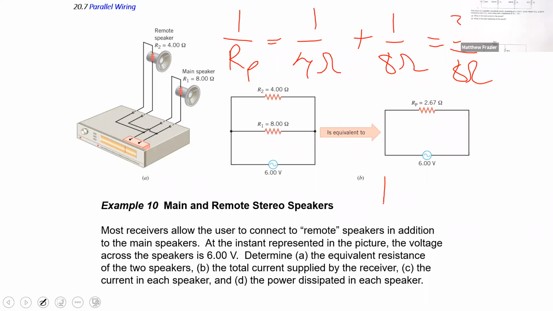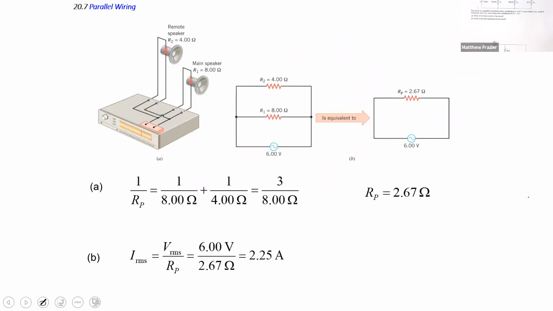And so the parallel resistance is 8 over 3 ohms, which is 2.67 ohms. And that's what's shown in part A. And then once we have the total, part B is finding the total current. 6 volts divided by this 2.67 ohms is 2.25 amps.